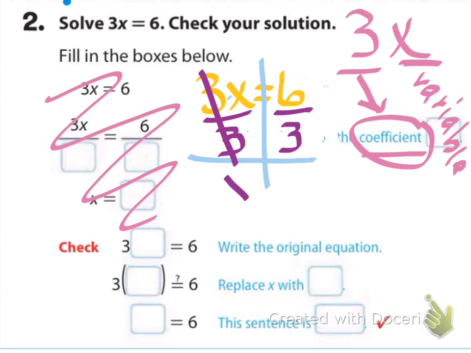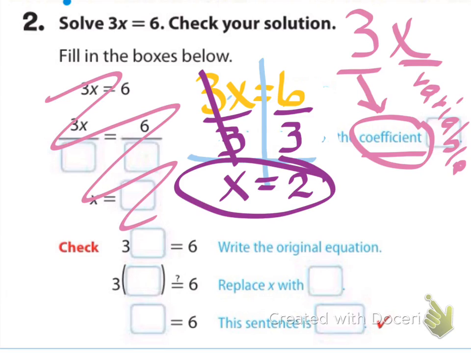So now on this side we're left with just x, and on the other side we've got 6 divided by 3, which is 2. And so I think that you guys know that 3 times 2 equals 6. I don't doubt that for a second, but remember that we're using this because it's going to get harder in the future, and we're using this process with the t-chart every single time.